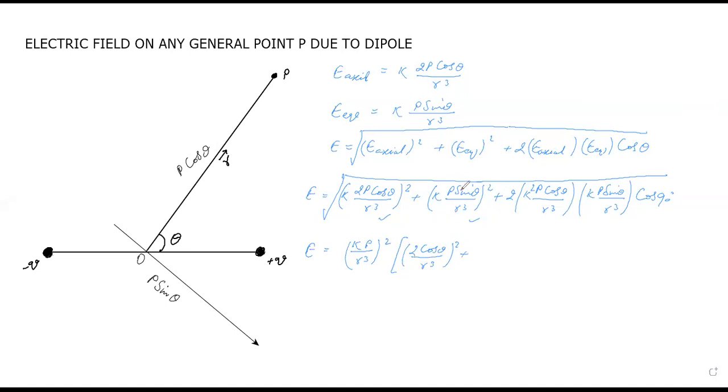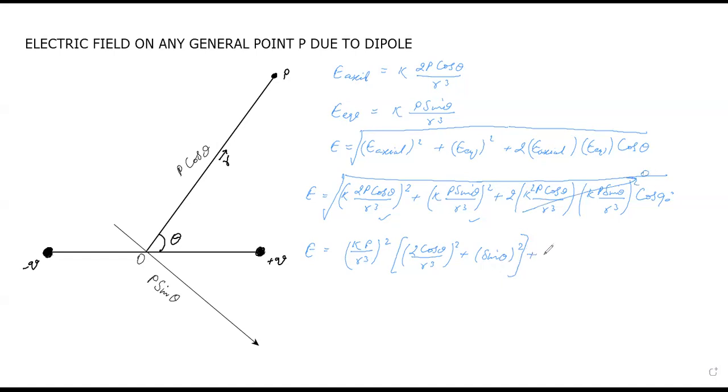Plus sine square theta. Plus 2 into cos 90, and cos 90 is 0. So this part will be 0.